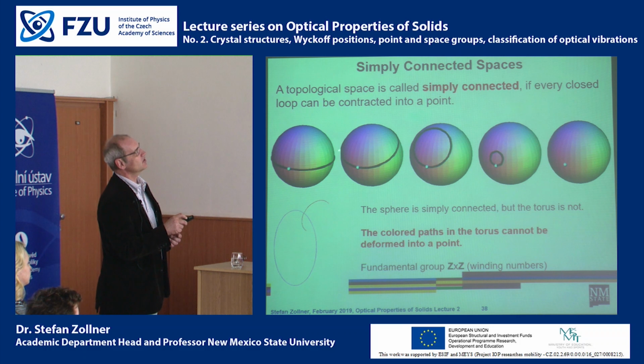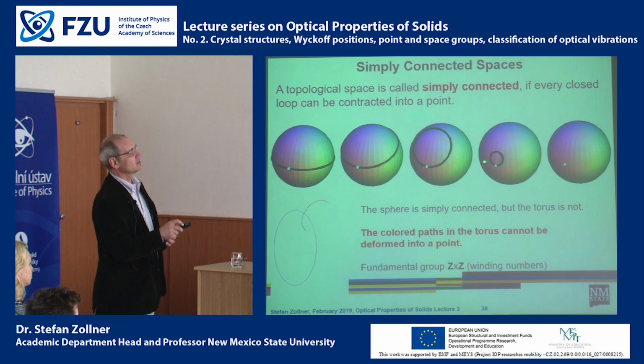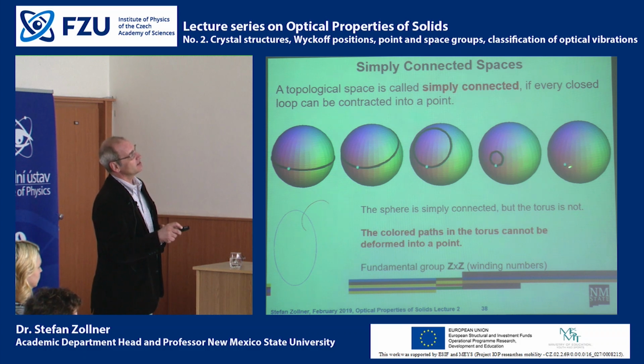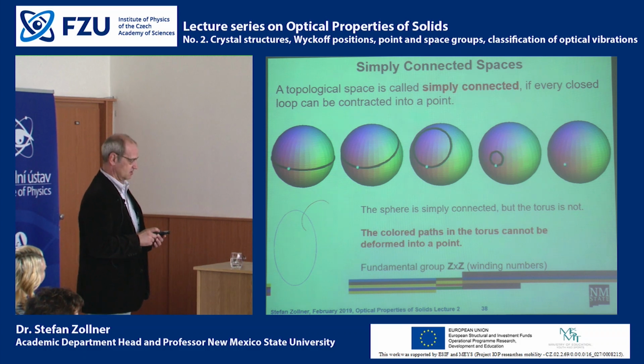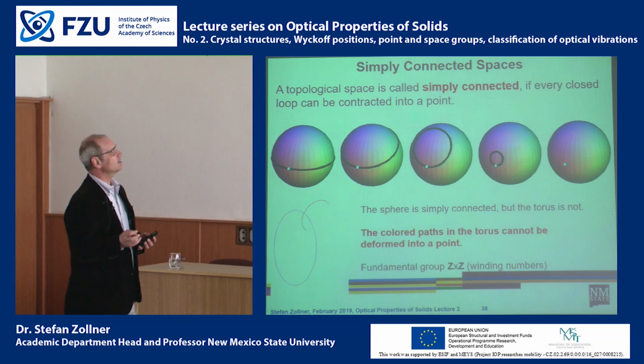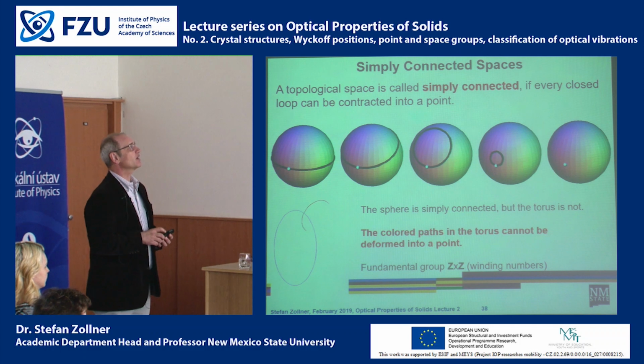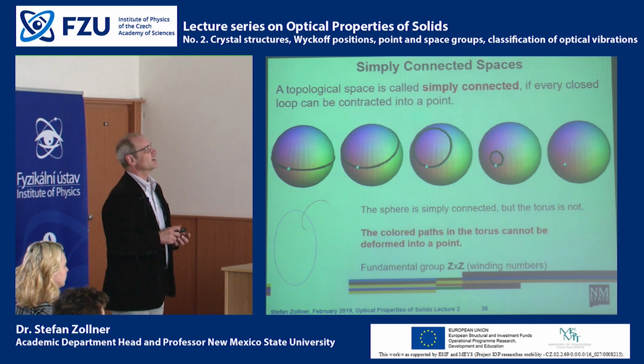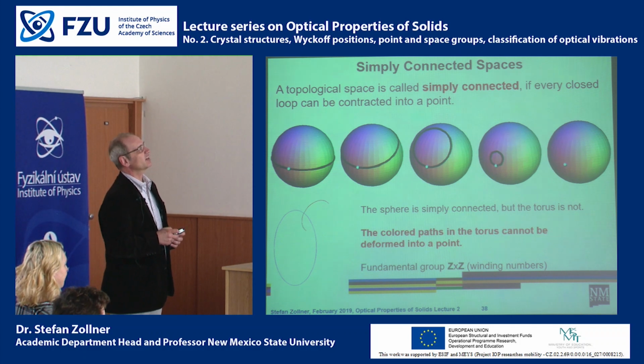And you can see that we can move this. Topology is all about changing the shape without changing the class. And then at the end, we have deformed this path into a point. So a topological space is called simply connected if every closed loop can be contracted into a point.